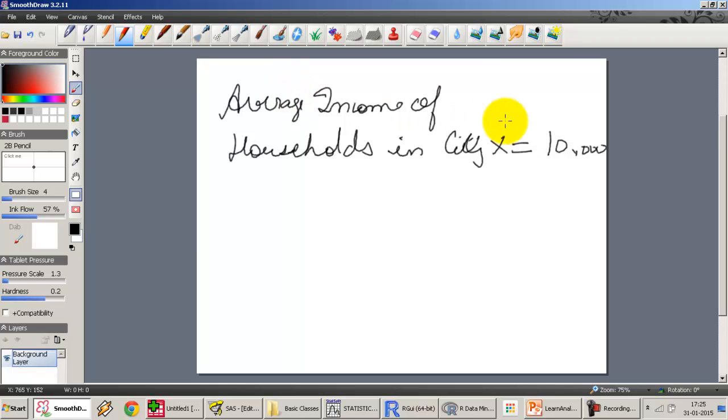This is the annual average income of city X. Now, how do I test this hypothesis? This is only a hypothesis. This is not the actual average income.